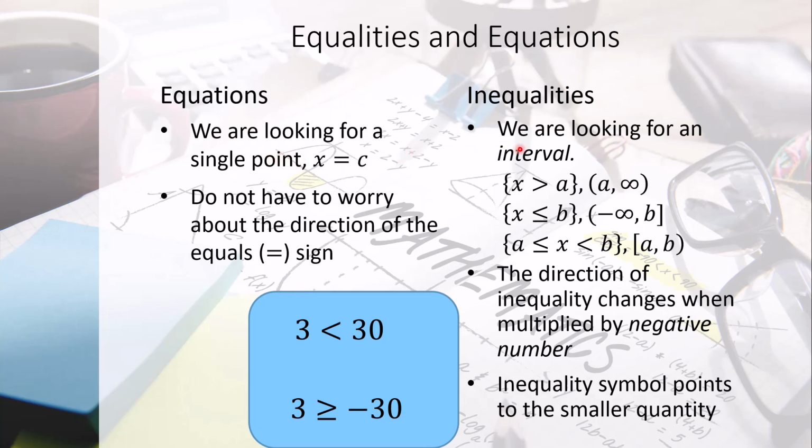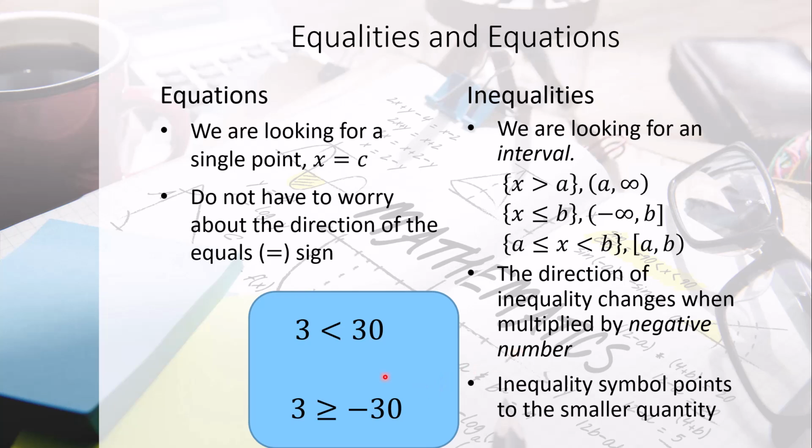When we're dealing with inequalities, we need to find an interval. Also, with equations, it's an equal sign. It's kind of symmetric. You don't need to worry about the direction of the equal sign because it has no direction. However, here we have to pay attention to the direction and make sure we flip it whenever we are multiplying by a negative number.